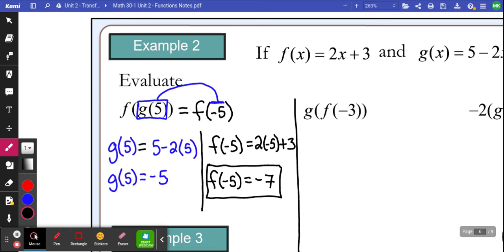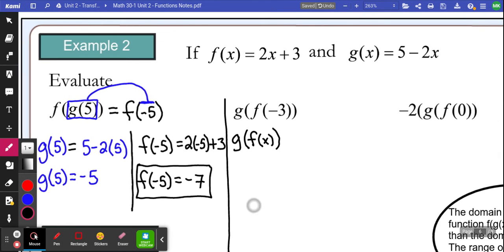Second strategy, if you don't want to solve it and then put it in like that, is you could figure out what the composite function is. So this is g of f of -3. You could just figure out what g of f of x is, and you could make that new composite function.